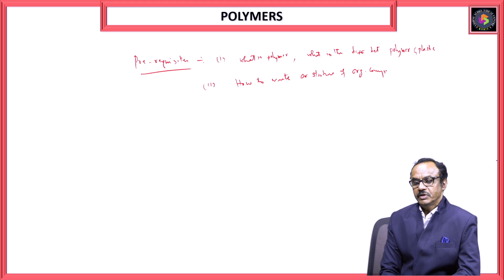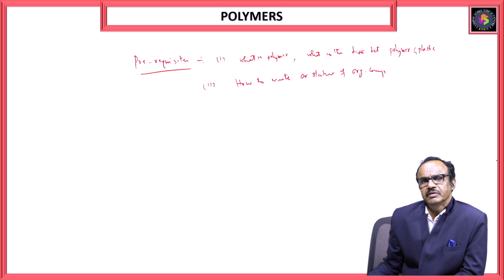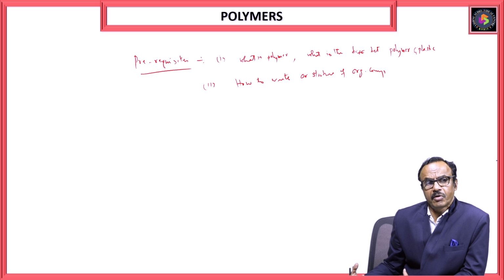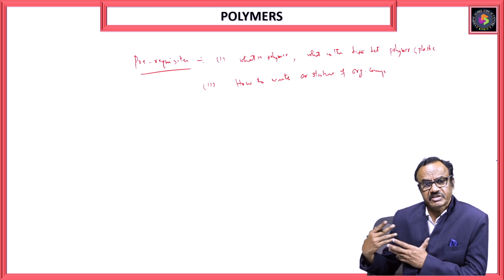First one, what is the polymer? A polymer is a lengthy, bulky unit formed by the combination of three or more monomeric units. All living organisms, all dead remains of plants and animals are made up of polymer only, excluding skeletal structure.